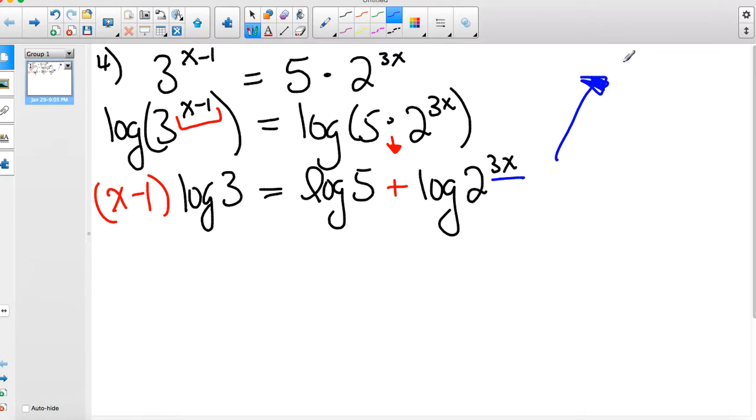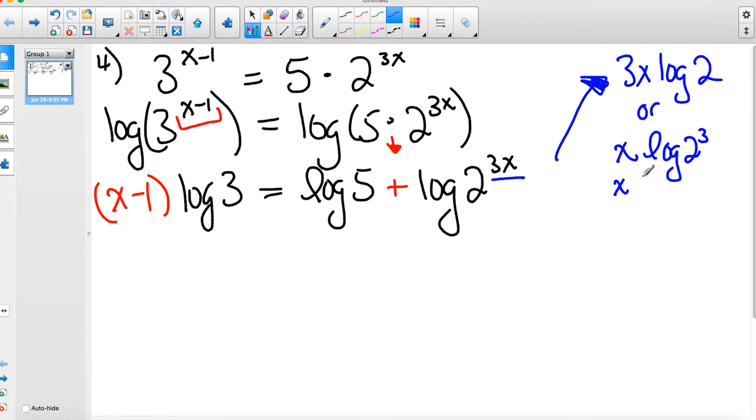You can write out 3x log of 2, or you can just pull the x to the front and keep the 3 to the power. It's one or the other because 2 times 2 times 2 would therefore make x log of 8. You can do either this or that. They are both correct. You would do whatever is easier for you at that moment.